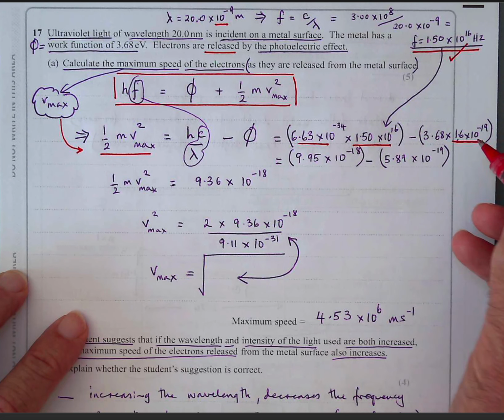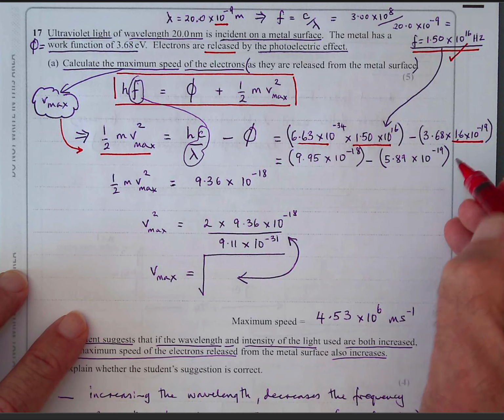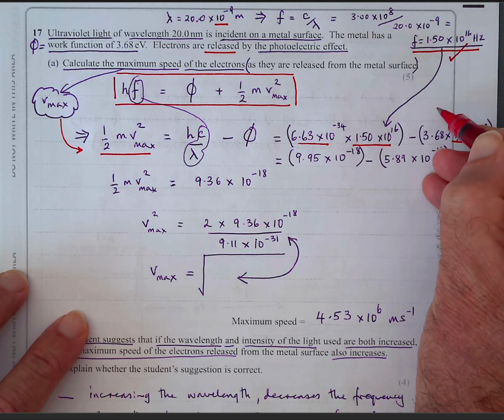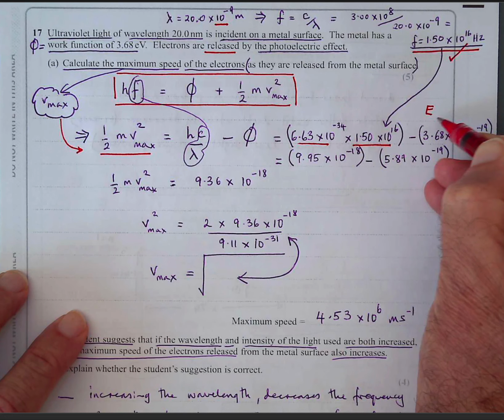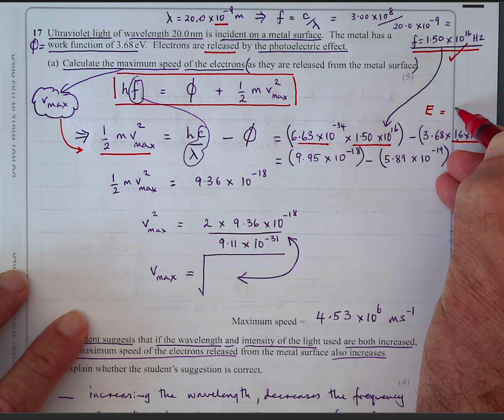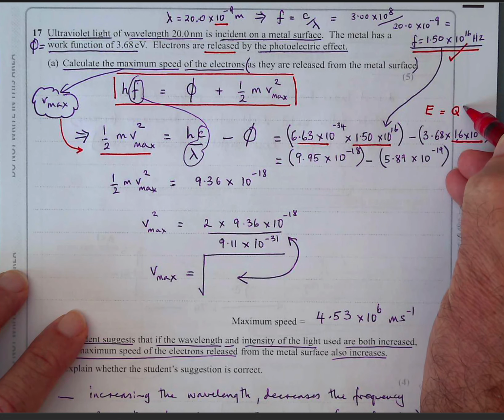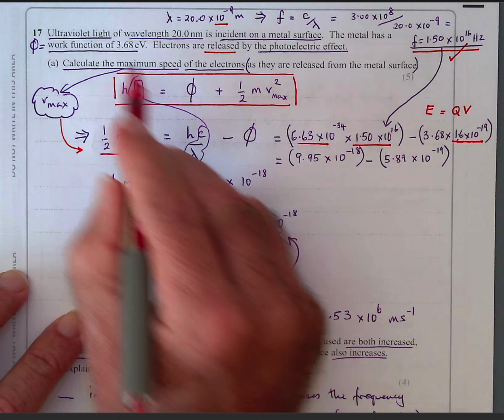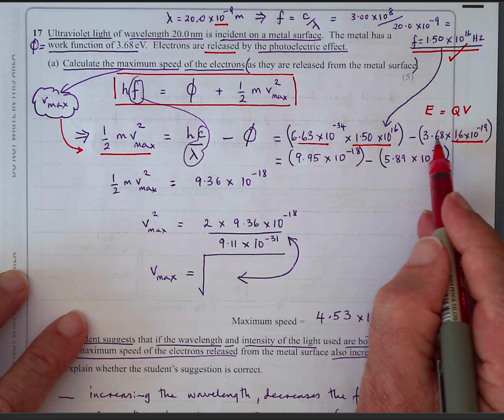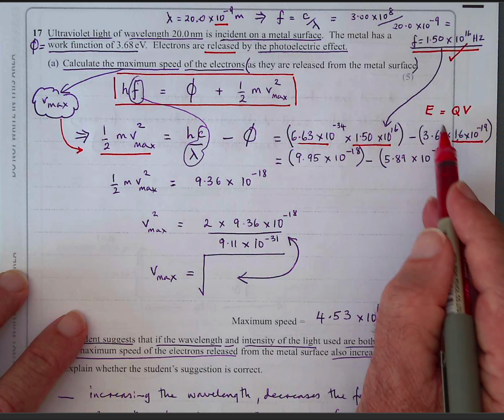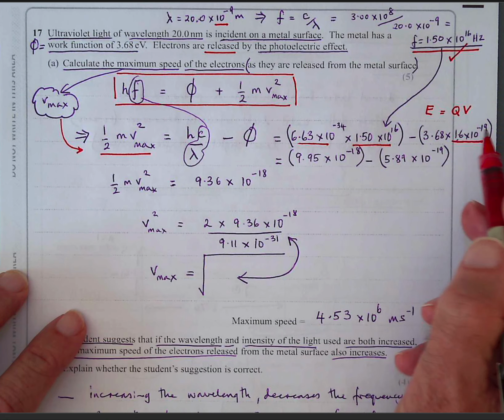You need them both to be in the same units. If you don't know how to do that, this comes from the equation E in joules is equal to the charge, the electron charge, multiplied by the voltage, in this case 3.68. So 3.68 volts will accelerate an electron to gain that much energy.